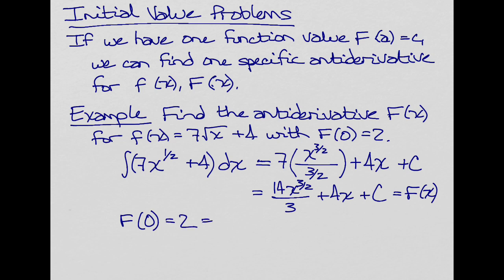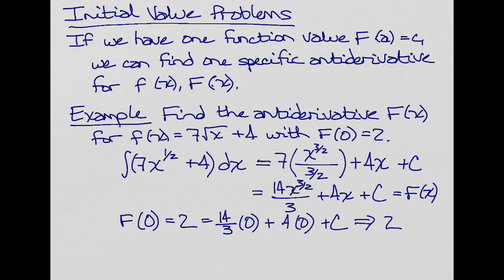Well, f of 0, I'm going to substitute 0 here, so that's 14/3 times 0 to the 3/2 plus 4 times 0 plus c. Well, I like zeros. Those are good. Those are easy to work with. Which means the value of c, my constant, in order for all this to come out to 2, must be 2 because everything else is 0.